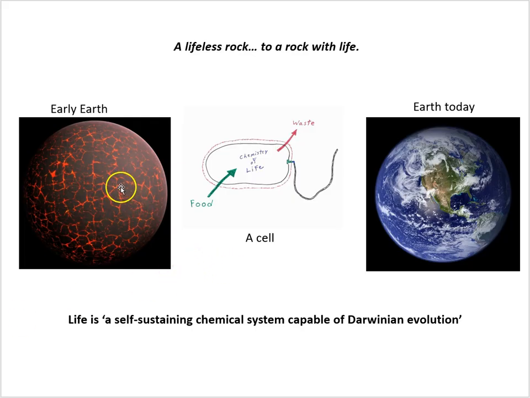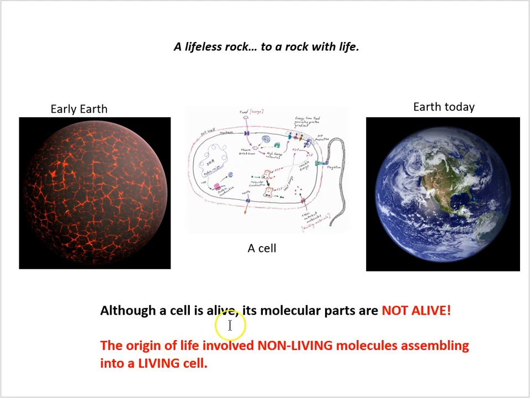But for now, then, we have a lifeless rock turning into a rock with life, with simple bacteria cell as the key transitional moment. But as it turns out, these bacteria cells are not so simple, and we have to get a handle on what it is that's going on inside these cells that gives these cells the characteristic of life. A puzzling result of this inquiry will be that although a cell is alive, its molecular parts are not alive.